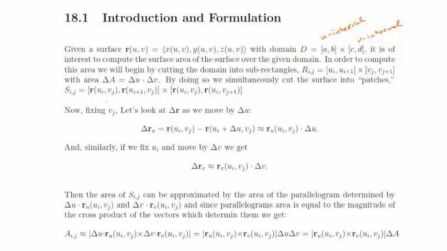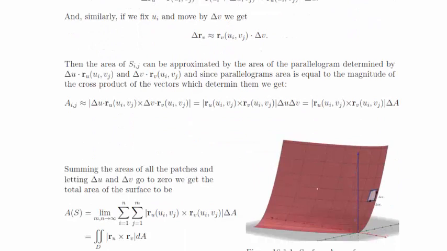So these are, we're just moving now in the u direction, and then crossed with r of u sub i, v sub j to r of u sub i, v sub j plus 1. So here we're moving just in the v direction. So we get these patches as we move our domain from u sub i to u sub i plus 1 and from v sub j to v sub j plus 1. That shows us these actual patches here.